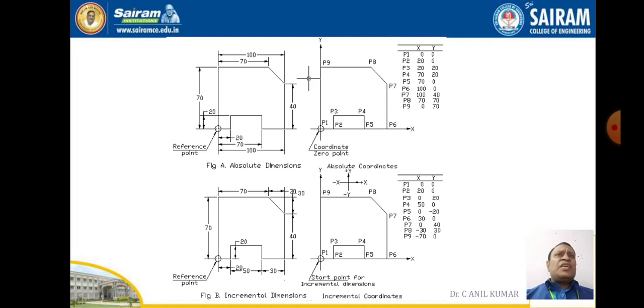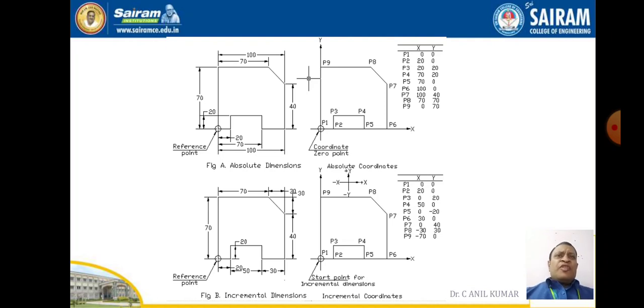And again P3 has x direction 20 and y direction also 20. This type of dimension we refer to as the absolute dimensioning.